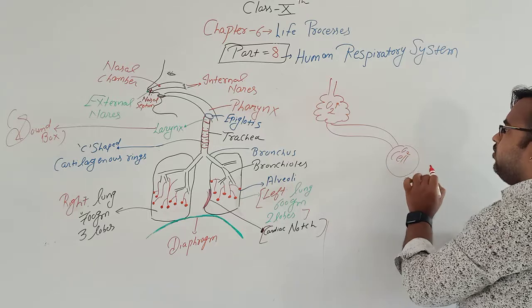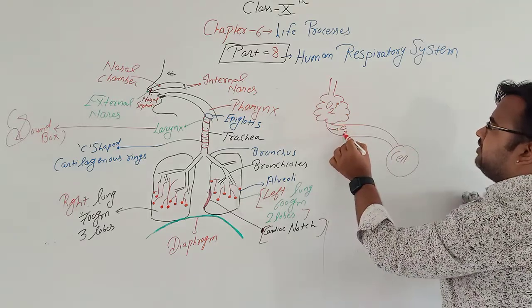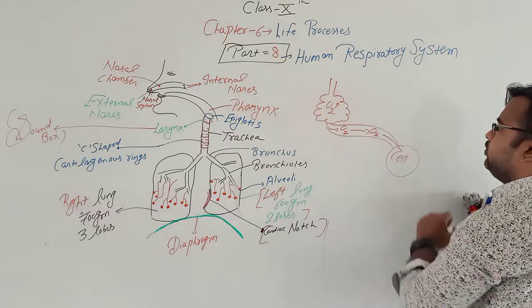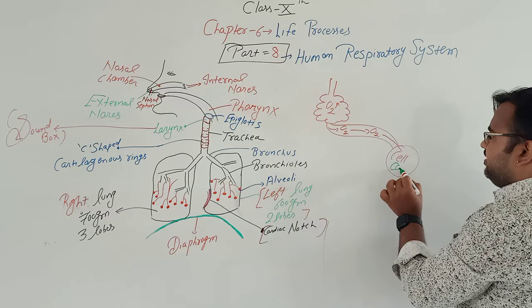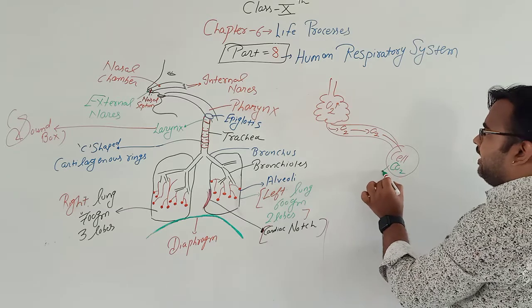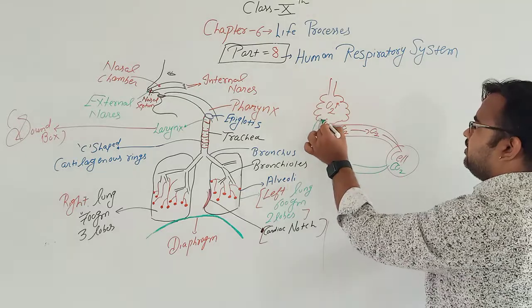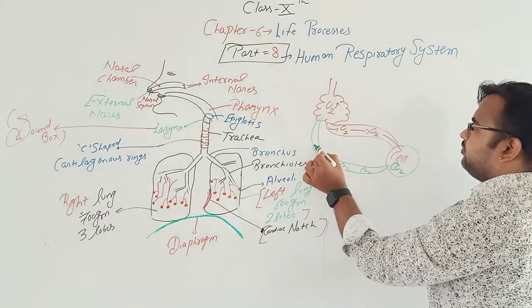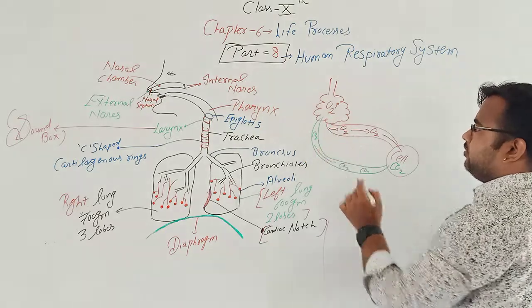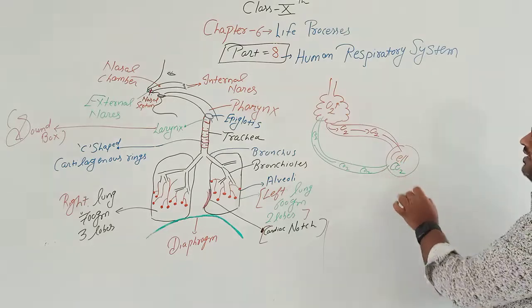The cell will utilize the oxygen, and the cell will release carbon dioxide, CO2, and this carbon dioxide will again be supplied to the alveoli. In this way the oxygen is supplied to the body cell.